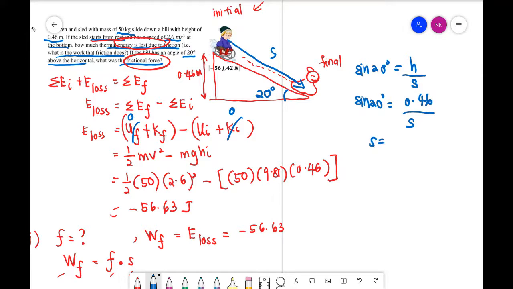So S equals 0.46 over sin 20 degree, which equals 1.34 meter. So the child moves with a displacement of 1.34 meter.